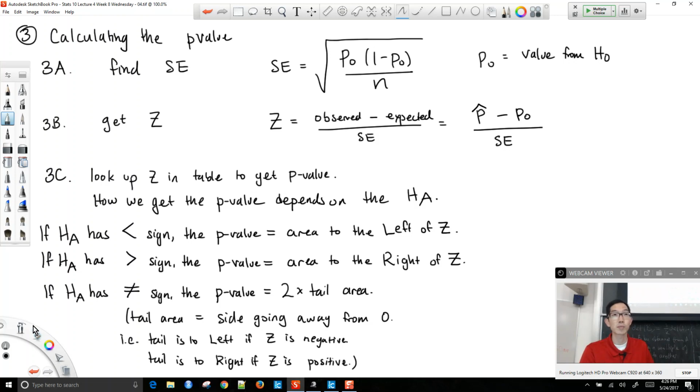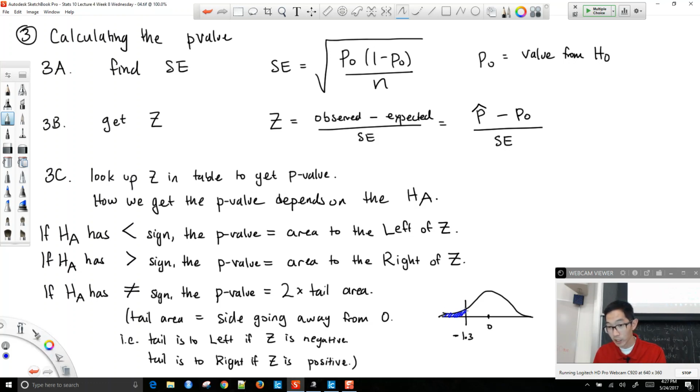Yes, question. Could you possibly draw the tail area? Like I don't know which part of the tail area. So okay, tail area. It's just always the side going away from 0. So let's say z is negative, so you have like negative 1.3. The tail area is going away from 0.